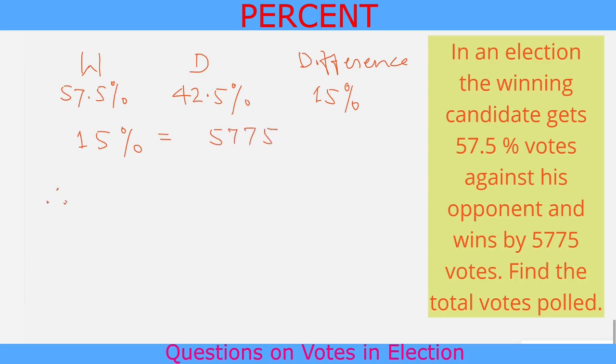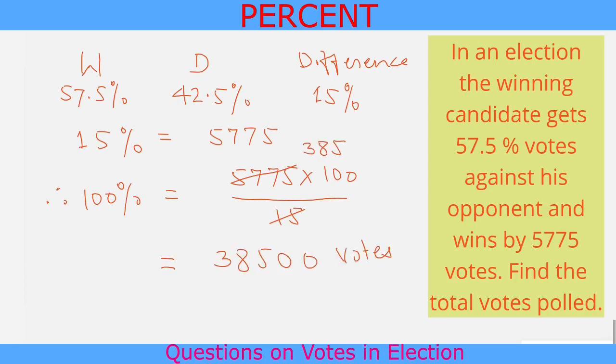Therefore, the total votes, which is 100%, is equal to 5,775 multiplied by 100 and divided by 15. 15 cancels 5,775 for 385. Thus, the total number of polled votes is equal to 38,500 votes. This way we can solve the question easily.